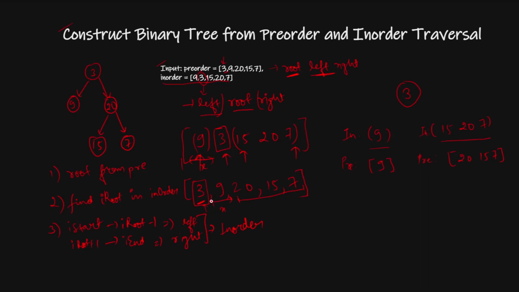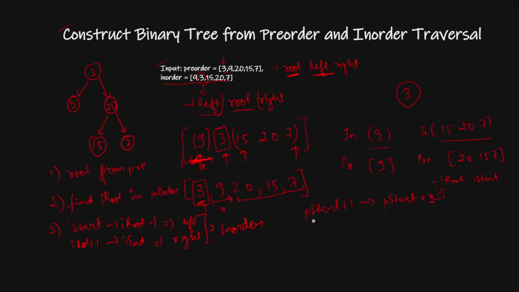It will be from P start plus 1 to P start plus X. And what is this X? This X is I root minus I start.